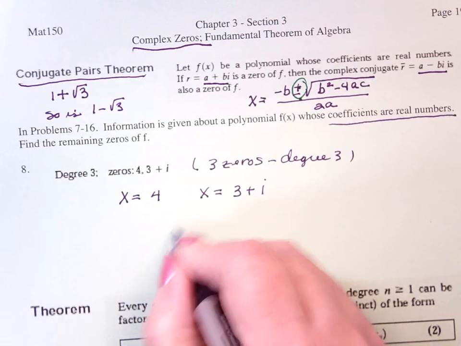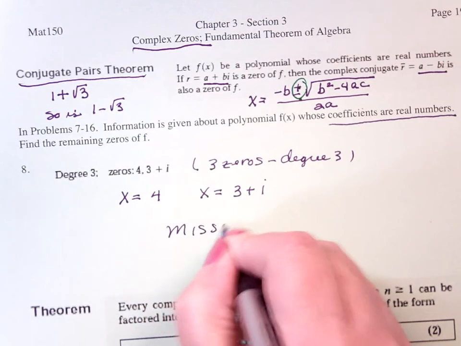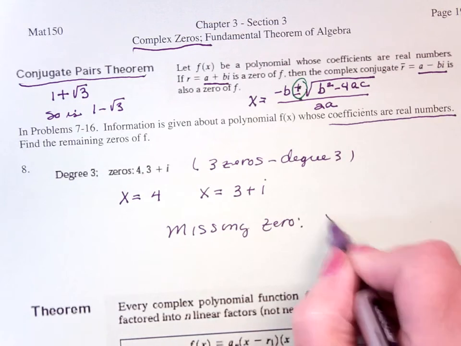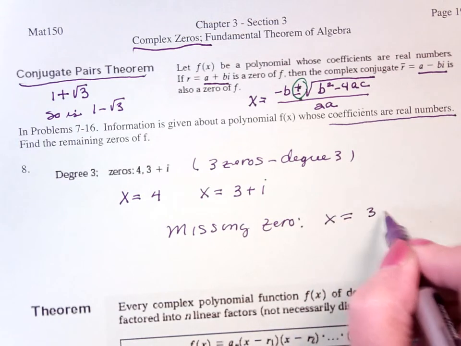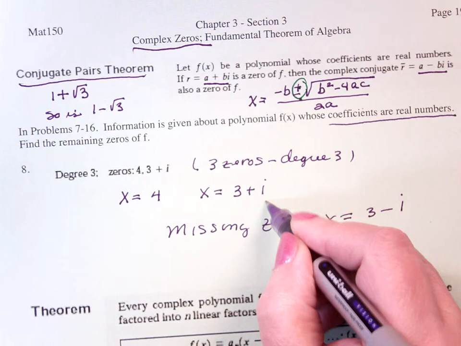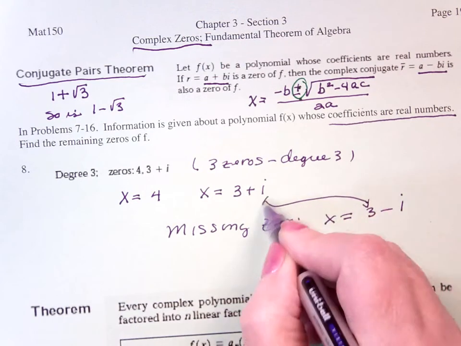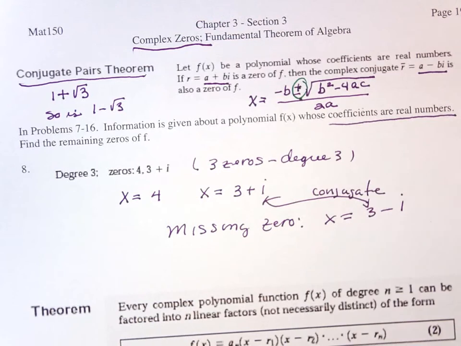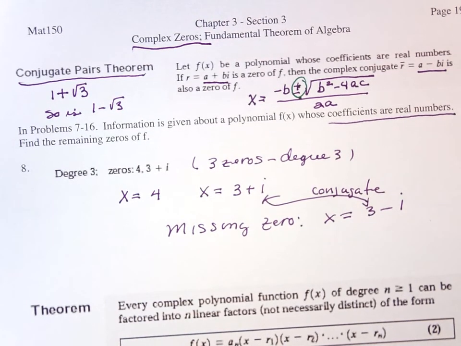And so the missing zero is what? 3 minus i, the conjugate, because they come in conjugate pairs.